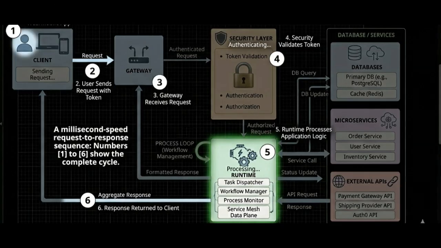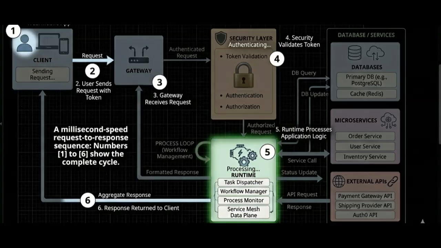Let's understand this with a real example, for example, get user dashboard. When a user opens their dashboard, you don't just fetch one thing. You need the user profile, recent orders, notifications, and recommendations. The runtime orchestrates all of this.